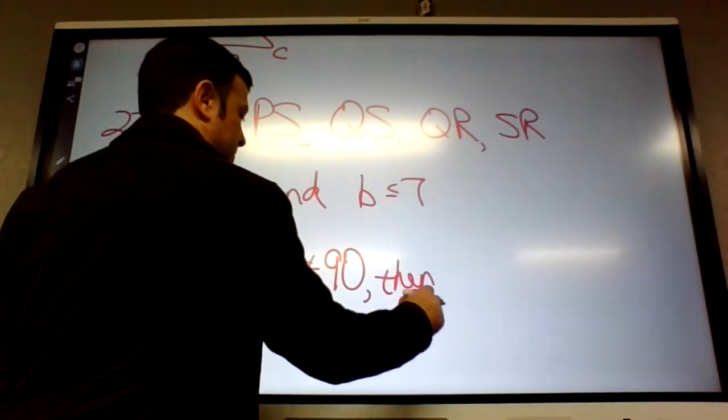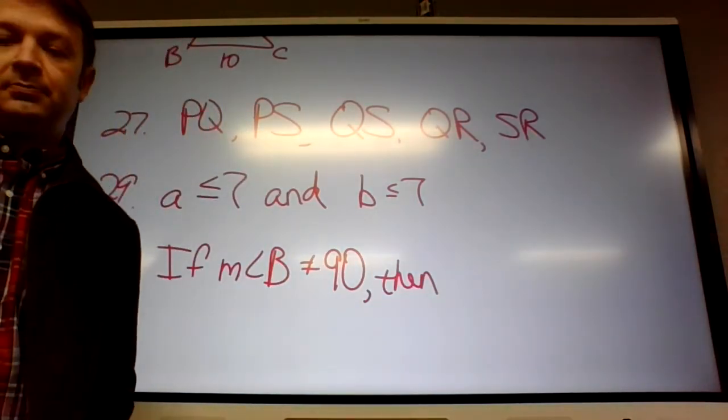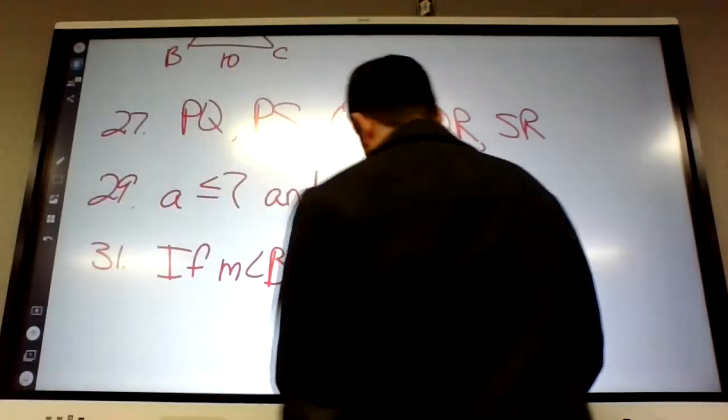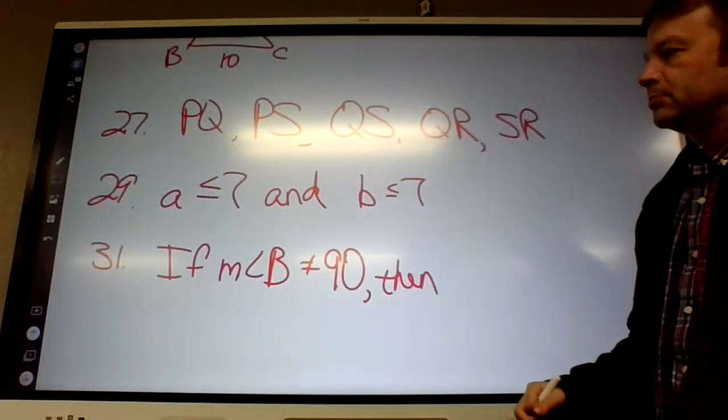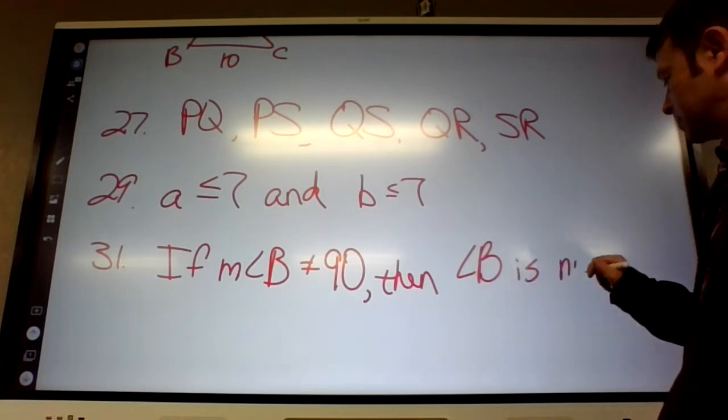Then B is not a right angle. Angle B is not a right angle.